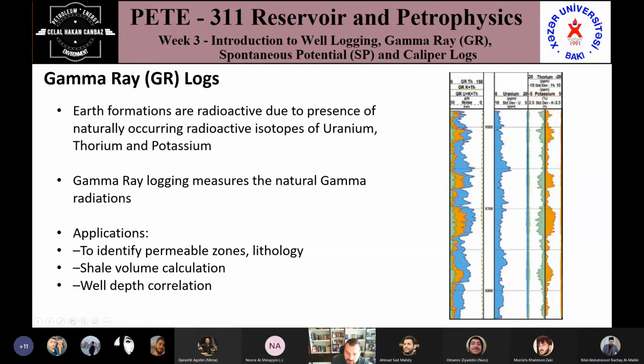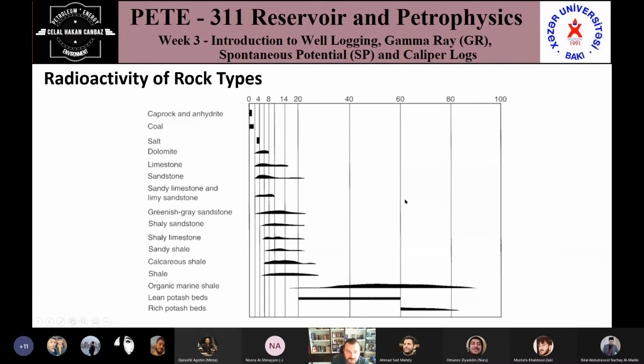So, for example, here you can see the radioactivity of rock types. As can be seen from this figure, the distributions of radiation levels observed are plotted for numerous rock types. This is an old figure, described by Russell, I think at the end of the 1950s.